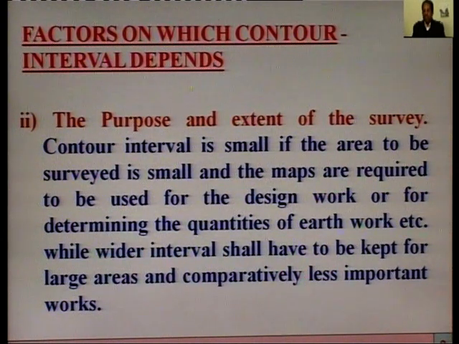That is, if more accuracy is required, the contour interval will be small, and for less accurate works, the contour interval can be wider or more contour interval can be kept.